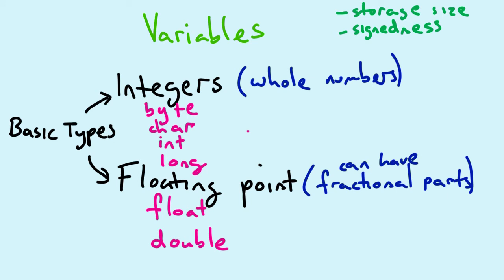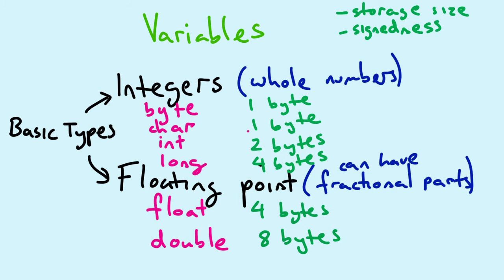So, if we have a look at these types, we can see that the storage size is different for the different types. We have 1 byte for byte, 1 byte for char, 2 bytes for int, 4 bytes for long, 4 bytes for float, and 8 bytes for double.